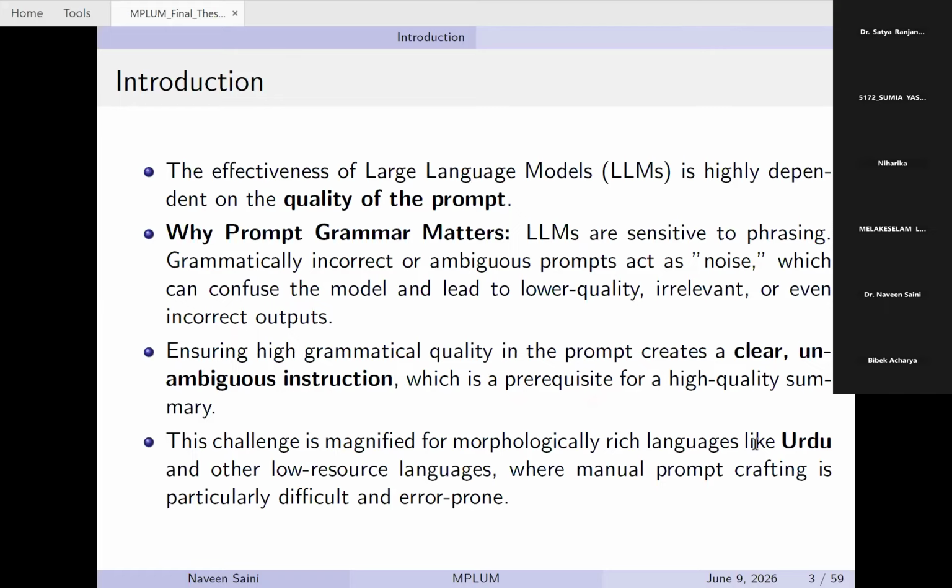You already know that in the era of generative AI, LLMs are very popular. They are able to do classification, I'm not saying 100% correct, but they are able to do it. They are able to do clustering, summarizing, and many other things. Due to their remarkable performance, they are even better whenever you want to do summarization.